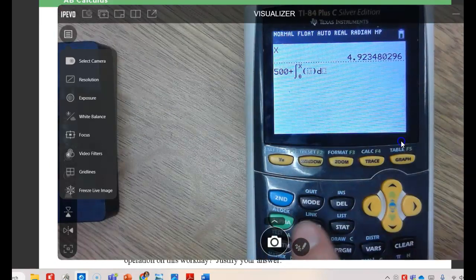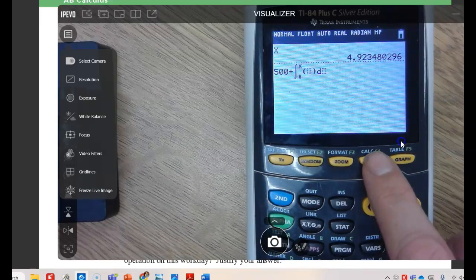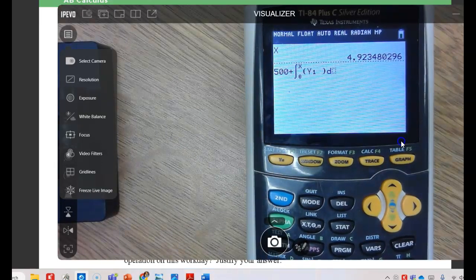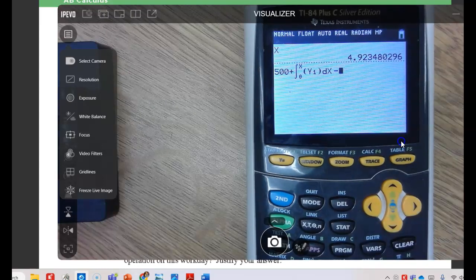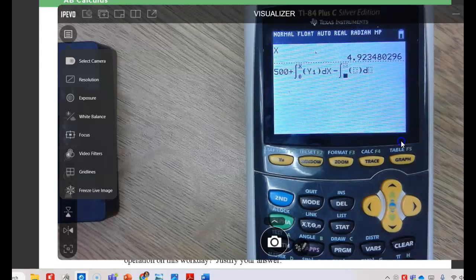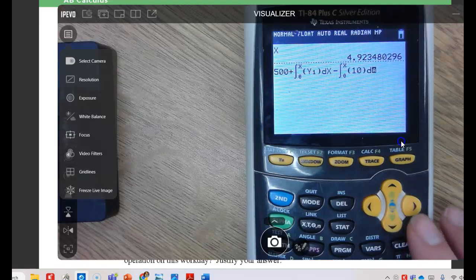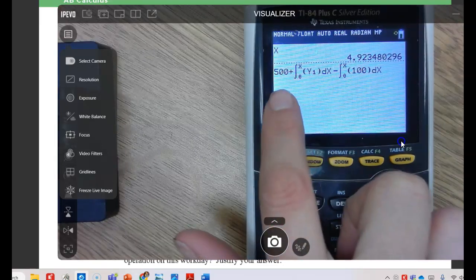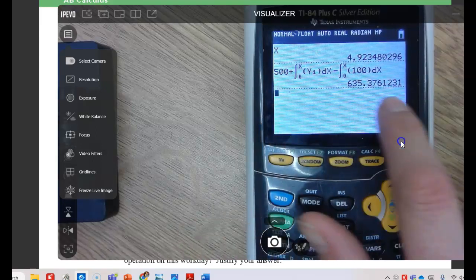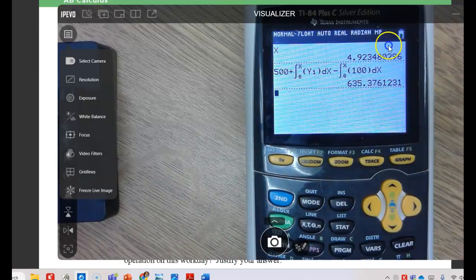You can now hit alpha, trace, and there's Y1. How cool is that? You don't have to hit vars, y-vars, function, and Y1 anymore. And then I want to subtract from that, math 9, 0 to X again of 100 dx.